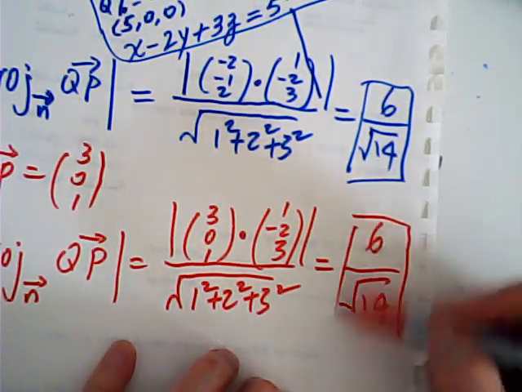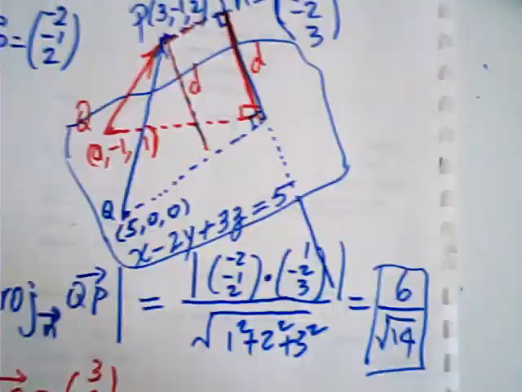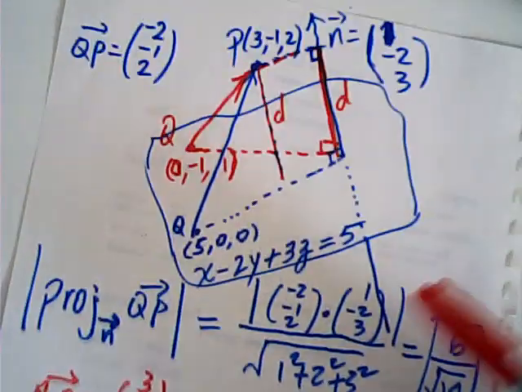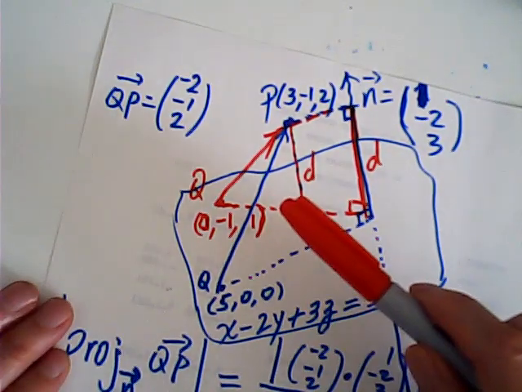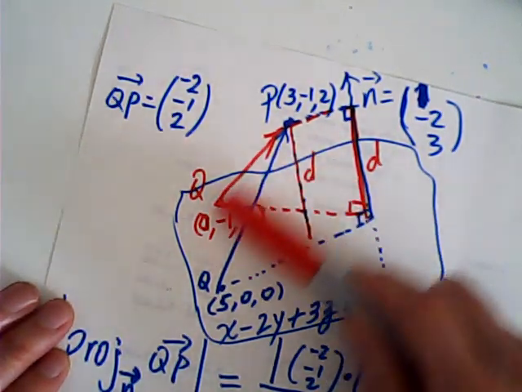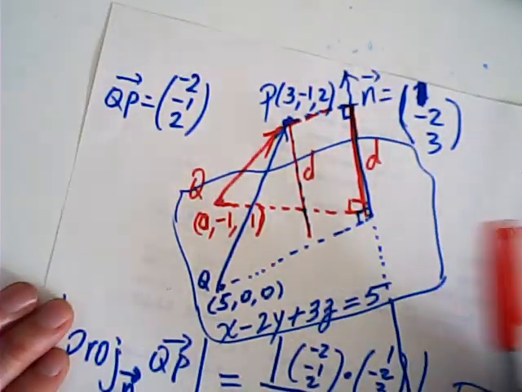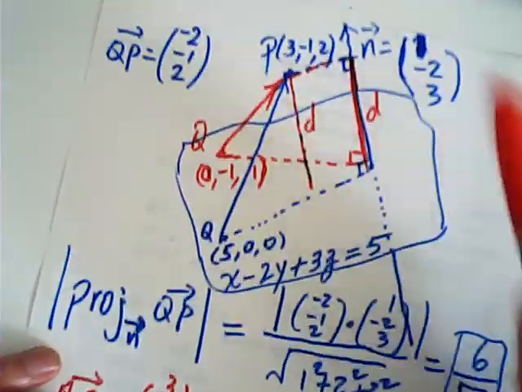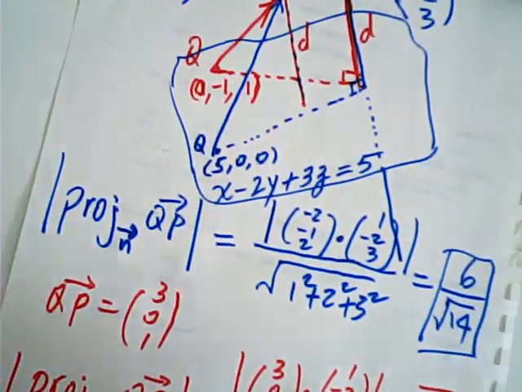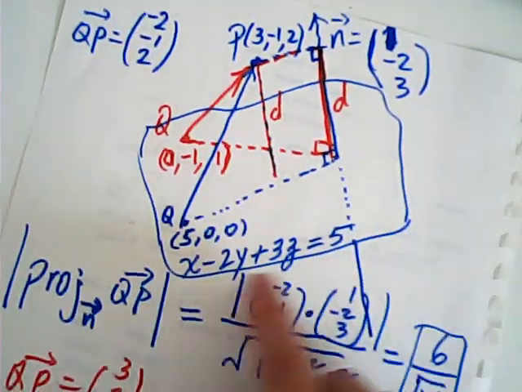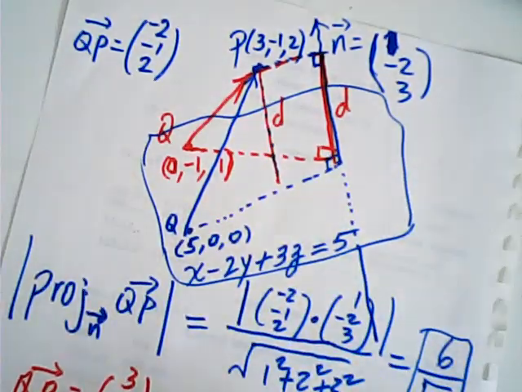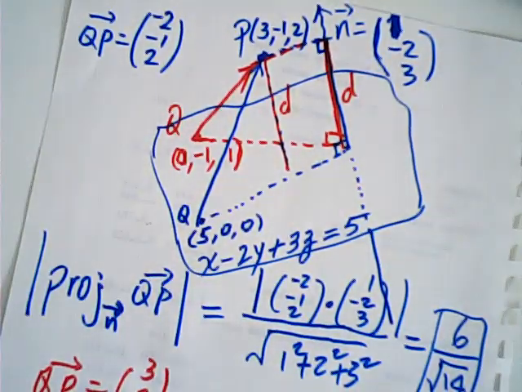See, you got the same value. It doesn't matter which point you choose. You project this vector onto this normal vector and you always have the same value, which is the distance from the point to the plane. You may practice by choosing any other points in the plane, and you will find the same distance. All right.